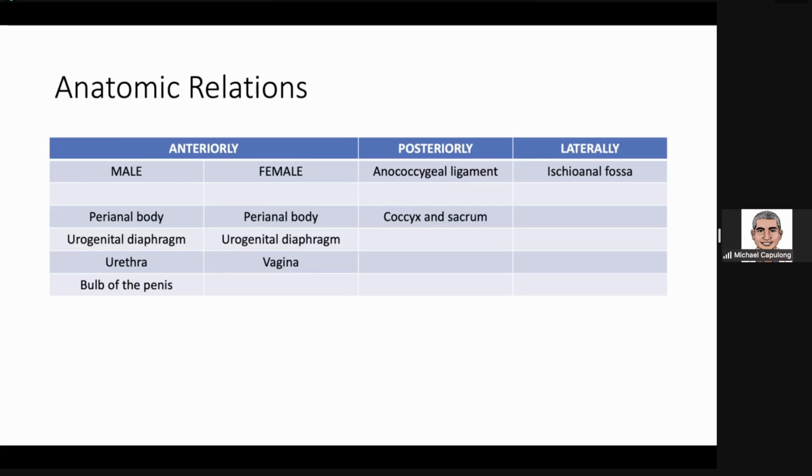Posteriorly, both will be closely associated with your anococcygeal ligament, the coccyx, and the sacrum, whereas laterally, it is associated with your ischianal fossa.